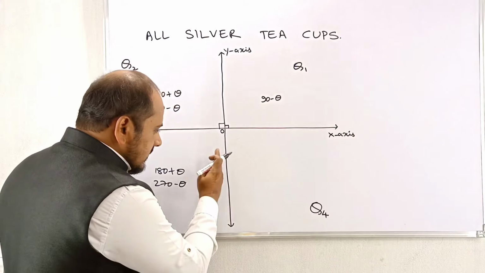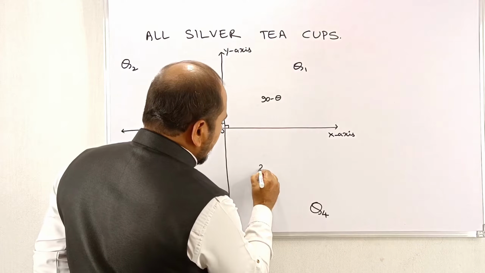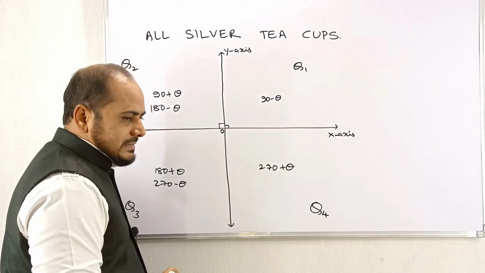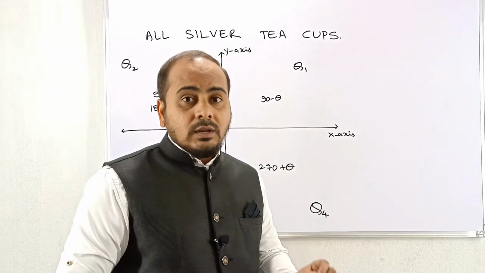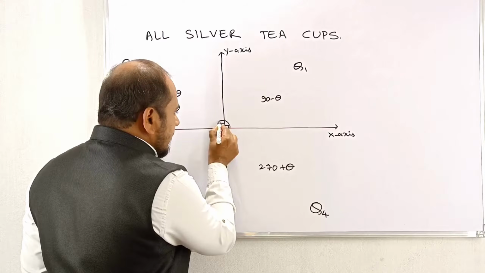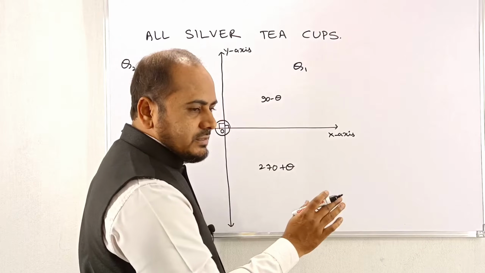Then this is 270. If you take more than 270, it falls in the fourth quadrant. So 270 plus theta. Not only this, but also from the x-axis, if you take one complete rotation, it makes 360 degrees.